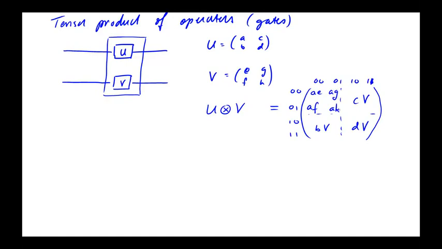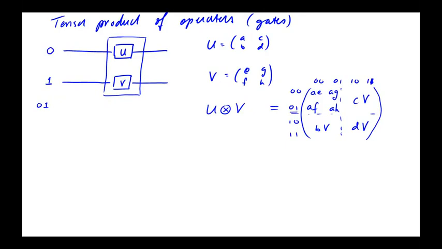Okay, so let's try to understand why this is the case. First of all, let's make sure we are on the same page with respect to convention. If we were to say the input is 0, 1, what does that mean? It means that this qubit is 0 and this qubit is 1.